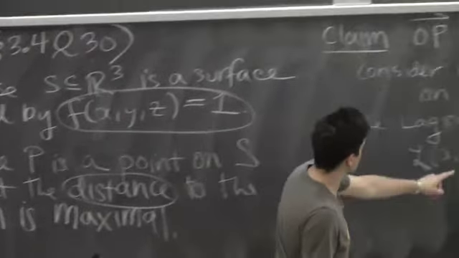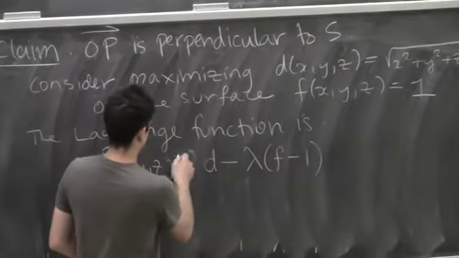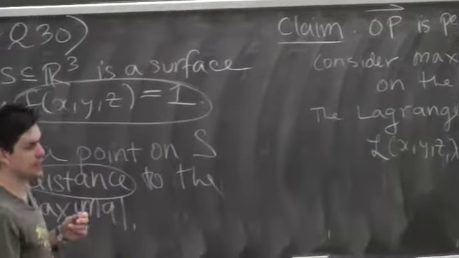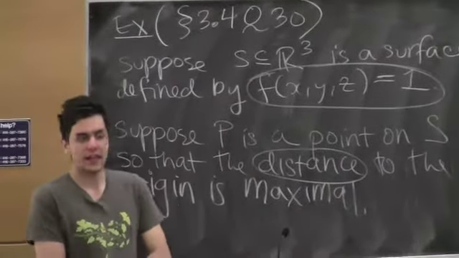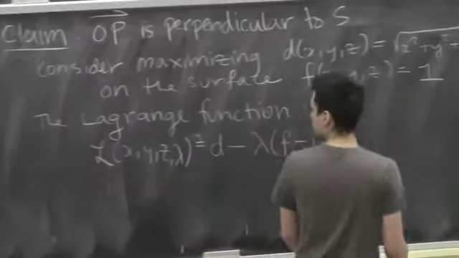Oh, sorry, we need a lambda here. Okay, so there's our Lagrange function. Now, if we're at a critical point of this Lagrange function, what do we get?